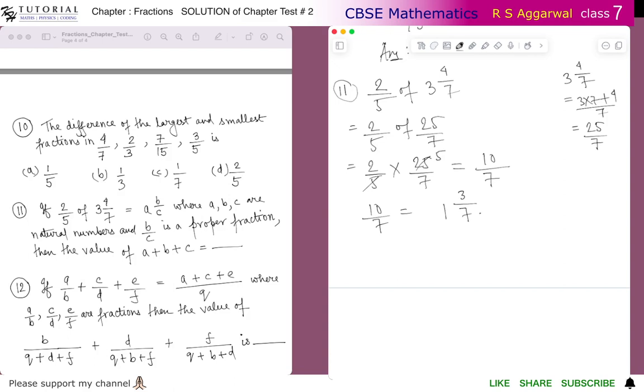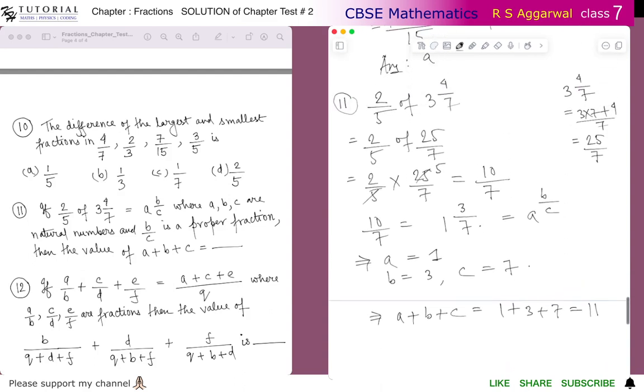Then the value of a plus b plus c: this implies a upon b by c has to be equal to 1 upon 3 by 7. So a equals 1, b equals 3, and c equals 7. This implies a plus b plus c equals 1 plus 3 plus 7 equals 11.